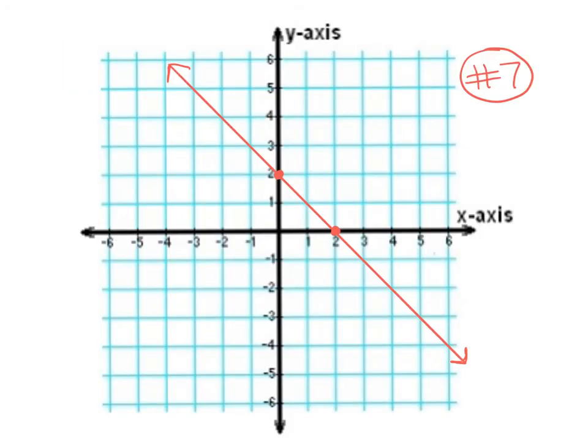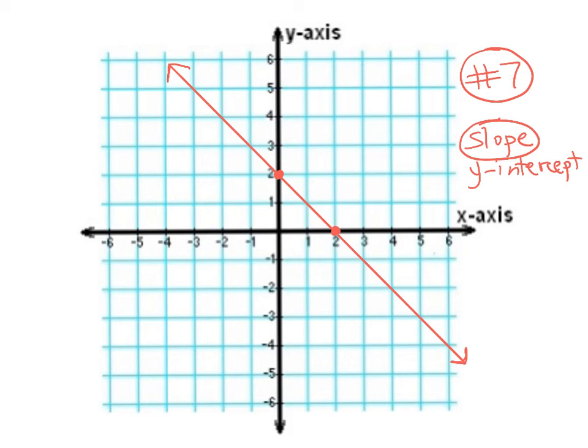Question number 7 says to write the equation of the line that's pictured. Remember, you need 2 things in order to give me the equation of a line. You need the slope of the line, and you also need the y-intercept of that line. So I'm taking a look at this line, and the first thing I'm going to do is figure out the slope.